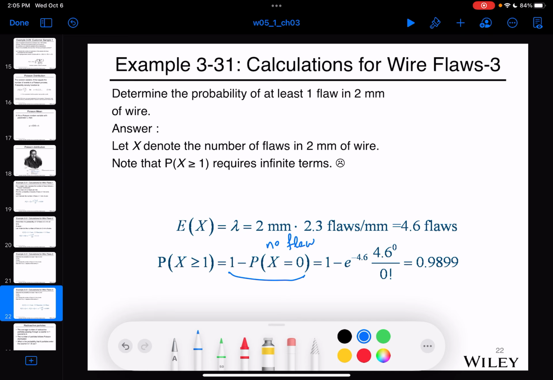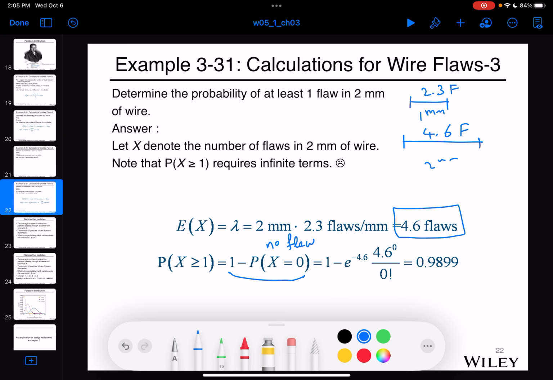And another thing that I have to do here is that the previous question told me that in 1 millimeter, I have 2.3 flaws. So in 2 millimeters, on average, I have 4.6 flaws. Right? So my lambda is going to be 4.6. Any questions? Okay.